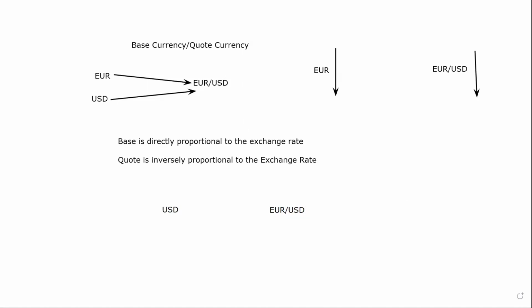When the price of the US dollar goes up, the Euro USD exchange rate will go down. Similarly, when the price of the US dollar goes down, the exchange rate will go up. That's why we call it inversely proportional. This is the inverse relationship.